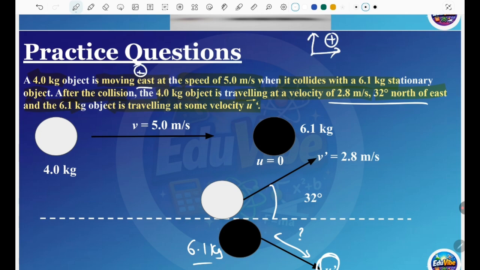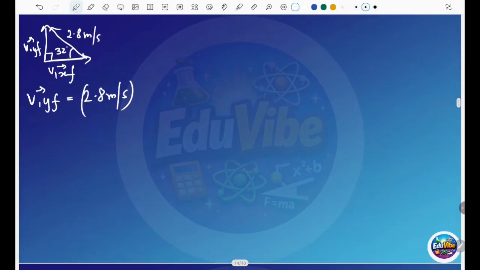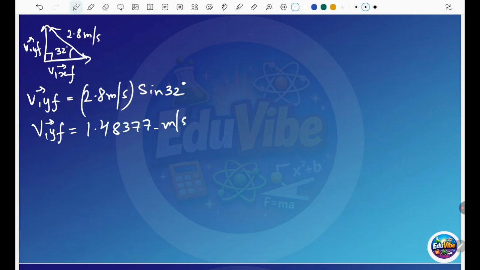We have to find the perpendicular, and we have the hypotenuse 2.8, so it's sine 32 degrees. Make sure that when you calculate this, you are in degree mode for this type of question. We get 1.48377 meters per second for v1yf.